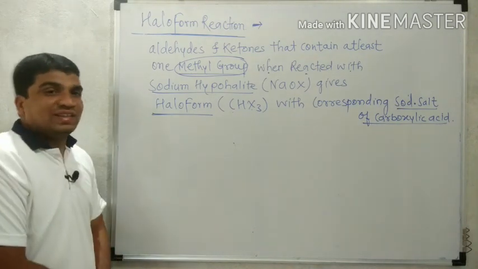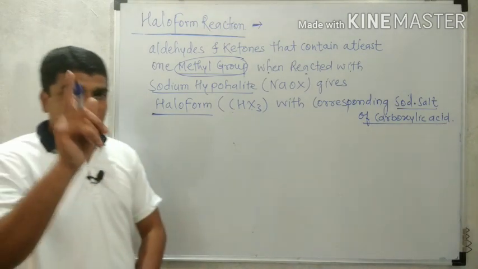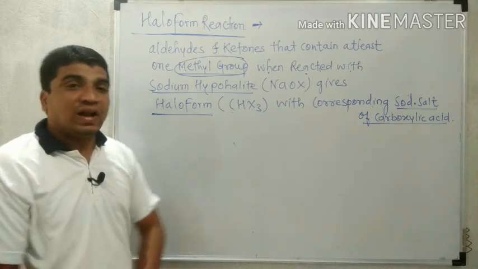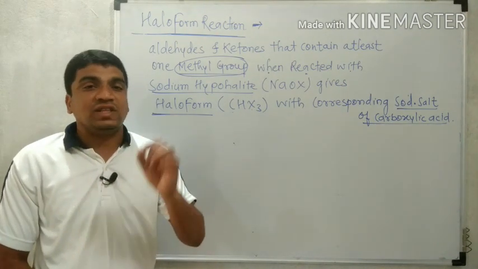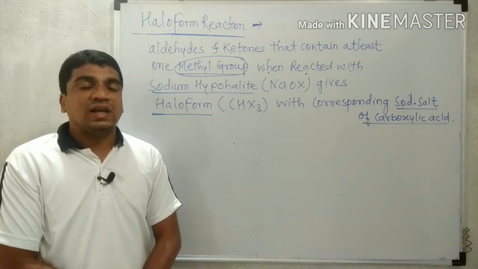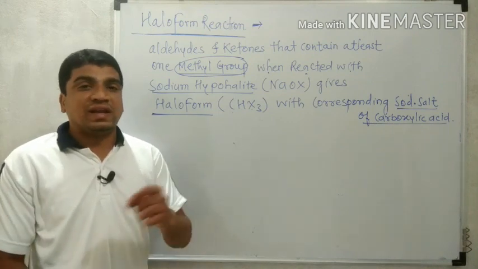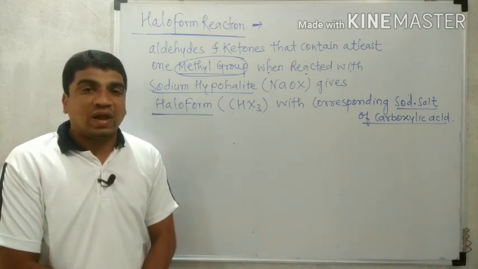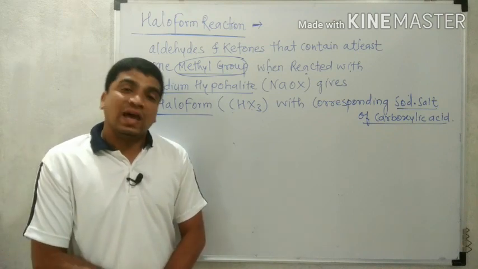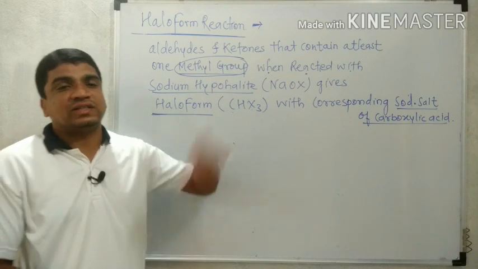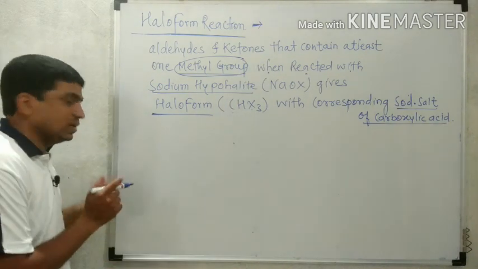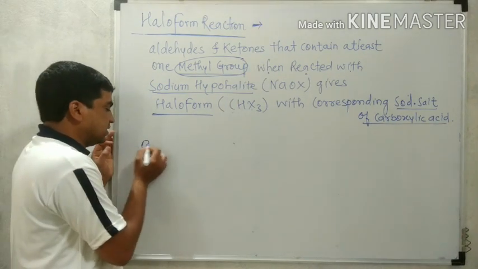Now, what is the definition of haloform reaction? You remember: when an aldehyde or ketone that contains at least one methyl group attached to the carbonyl carbon reacts with sodium hypohalite, the reaction gives haloform with the sodium salt of carboxylic acid, and the reaction is called the haloform reaction. So we are going to discuss this reaction.